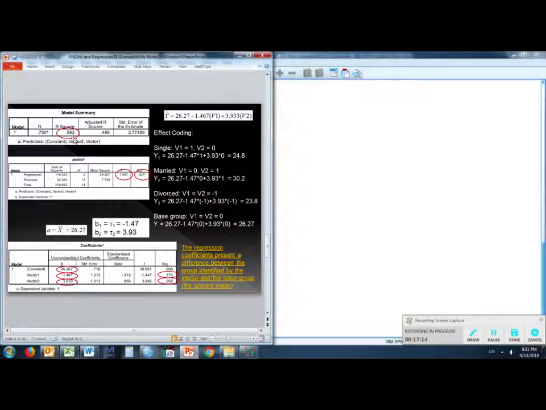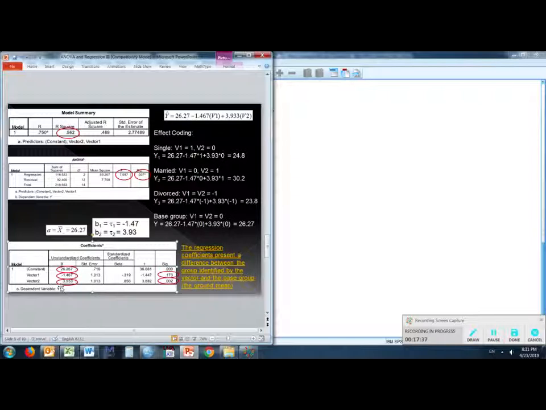R square is the same. Then the ANOVA table is still the same. However, the coefficient table is different. Now the coefficient is 26.267. The coefficient for vector 1 is -1.467.